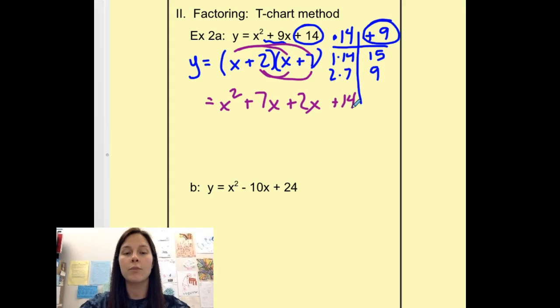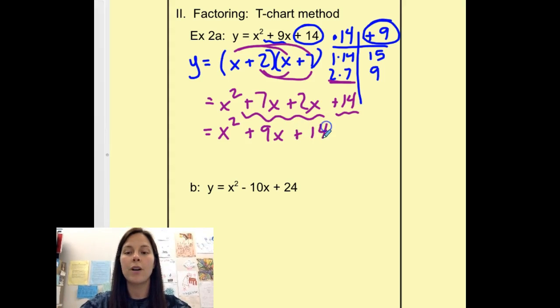So again, notice where all of these values came from. That x times x, we always get that x squared. The 2 plus the 7, those numbers we found in the t-chart, add to 9x, that middle term that we started with. And this plus 14 came from 2 times 7. Again, those numbers that we found when we did the t-chart.